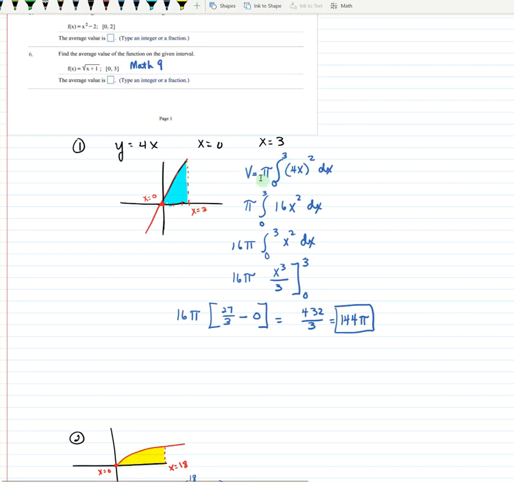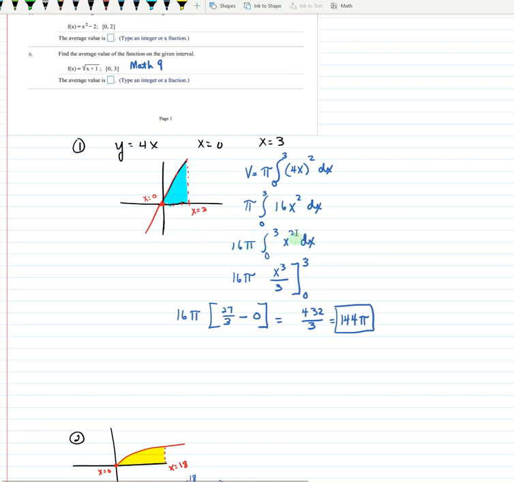So we have volume is equal to pi on the outside from 0 to 3 of 4x, and remember we square it. Now I have done this one by hand. You could use your Math 9 for this part and then multiply your pi on the outside. But let's go through this. So this is 16x squared. You can pull the 16 out. So you have 16 pi on the outside.